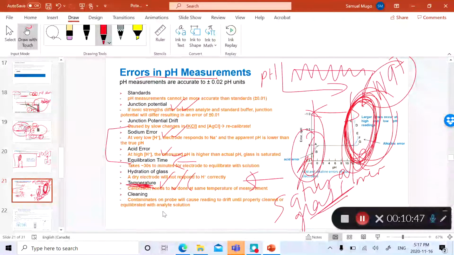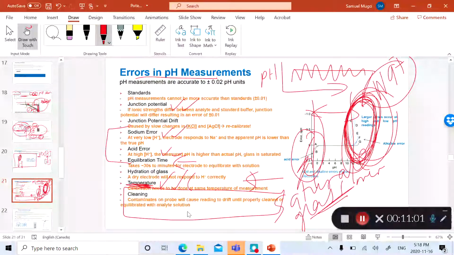And lastly, the cleaning of the pH electrode. The pH electrode tends to be poisoned or contaminated, because the moment the surface of the glass membrane is contaminated with other material, it affects the migration of the hydronium ions to the glass membrane. So you often have to clean your pH electrode so that it's responsive and not poisoned.